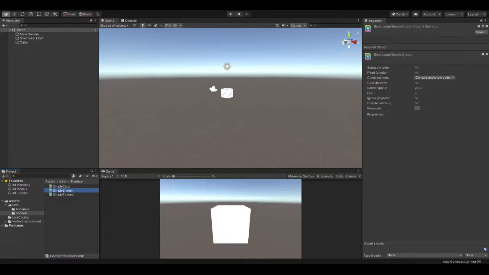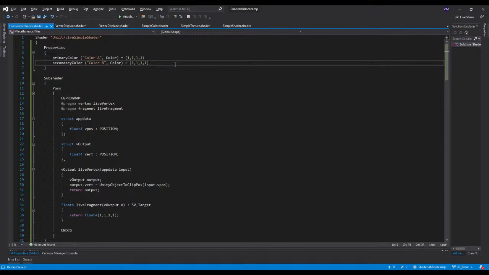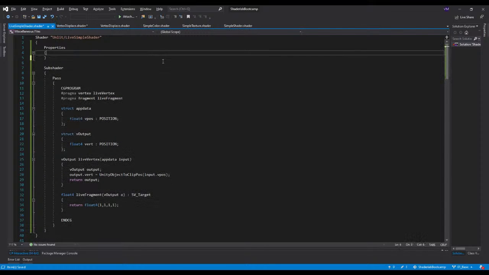Unity says that ShaderLab supports a couple of things like textures, floats, and colors. So let's add a quick color to this. Sorry, I was sharing the wrong screen. It's very simple.